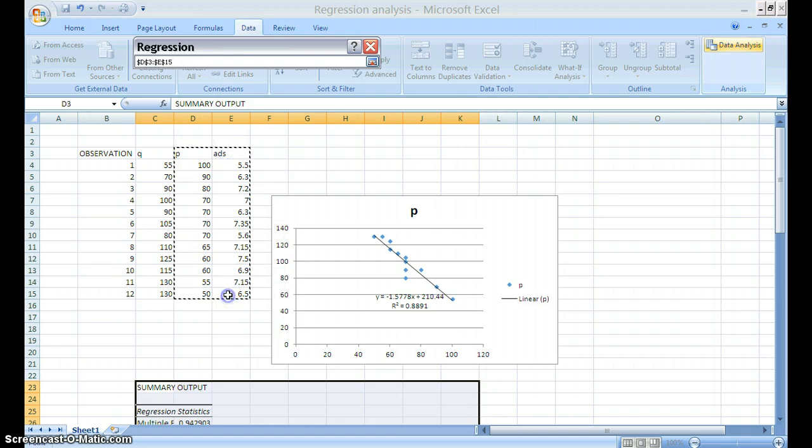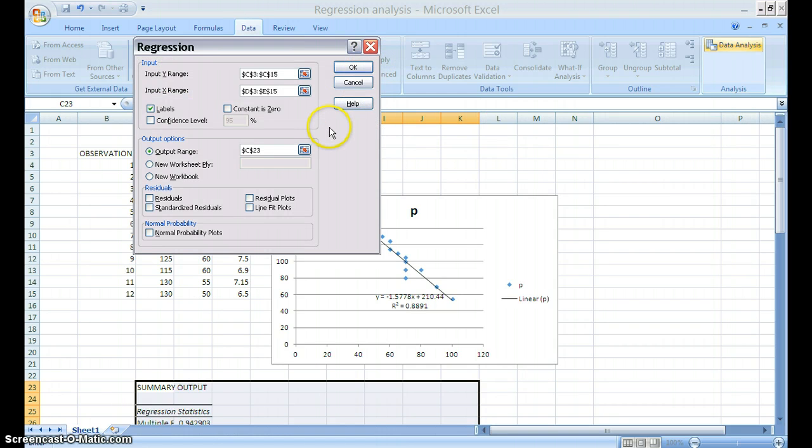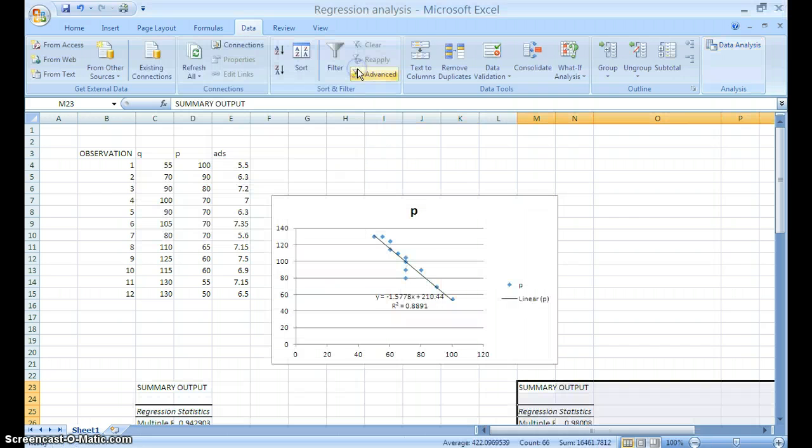We'll do them both. And I say that I use the labels. You have to do that or you'll get a messed up answer. I've used the labels at the top of the column. And now I have to pick a point where I can put this chart and it won't mess up my page. So I'm going to pick that point right there and have it put it there, okay?